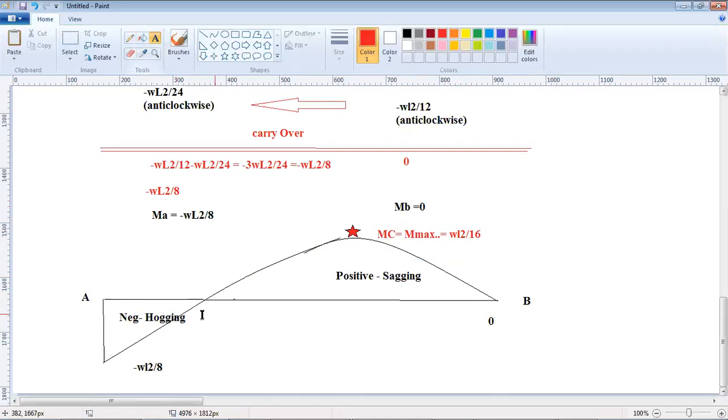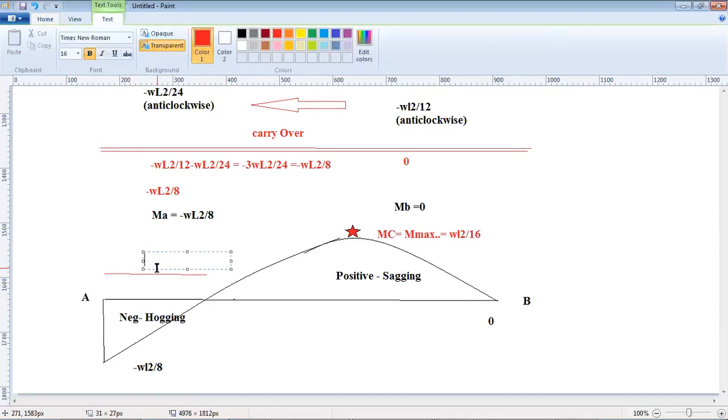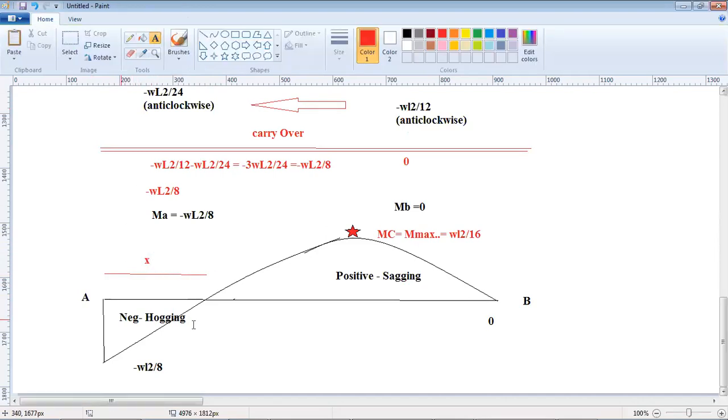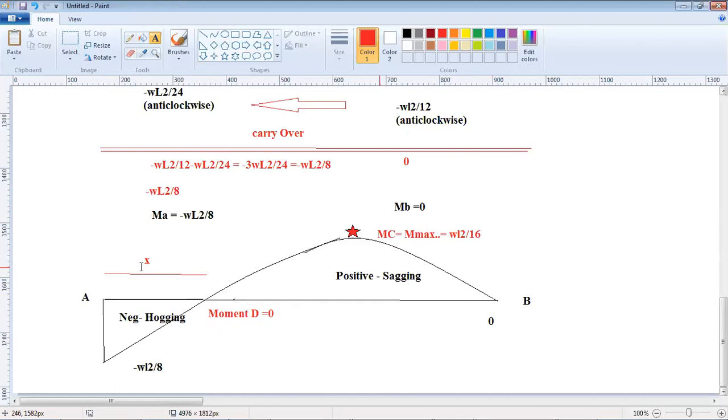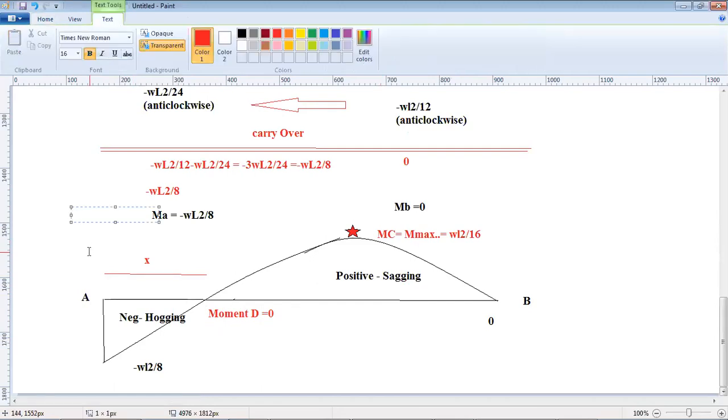You can also get another point from this end. First of all, you will get this distance x at which the contraflexure is happening, and the moment at this point, say point D, is 0. So you can get the distance x at which the moment is 0.